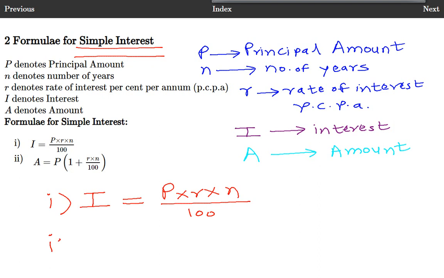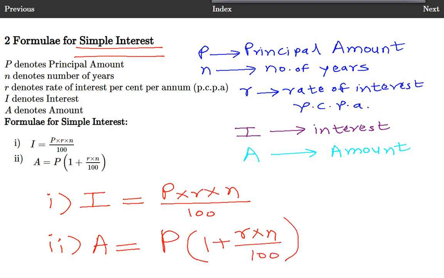And the second formula is for amount: A is equal to P into bracket 1 plus R into N upon 100. This is the formula for interest, and this is the formula for amount.